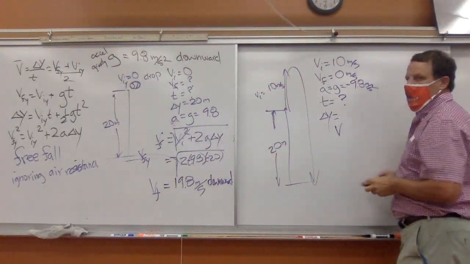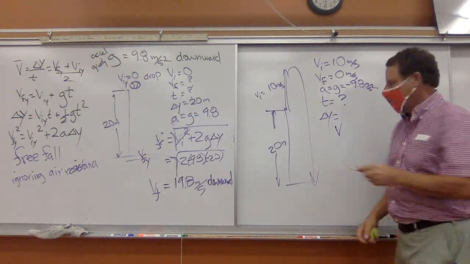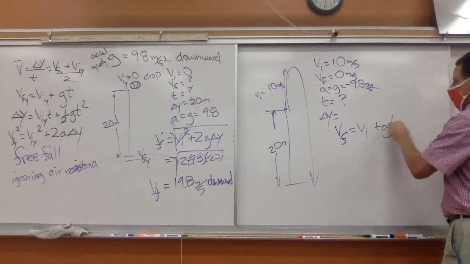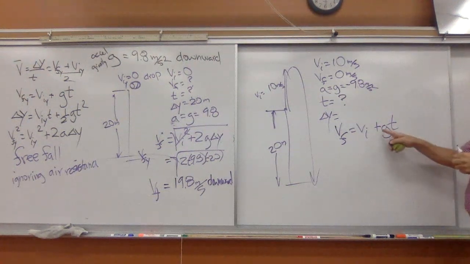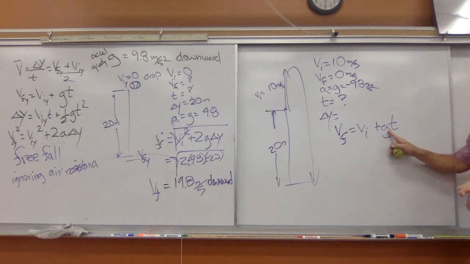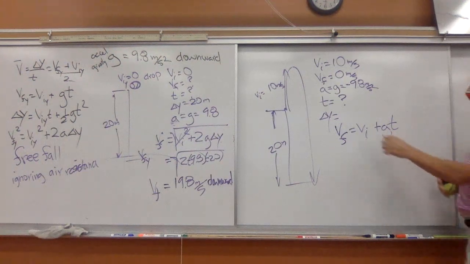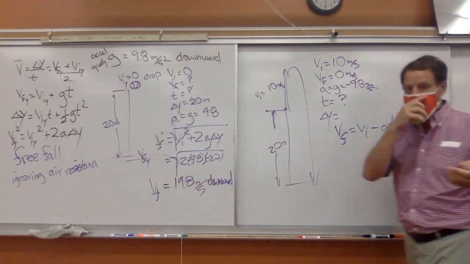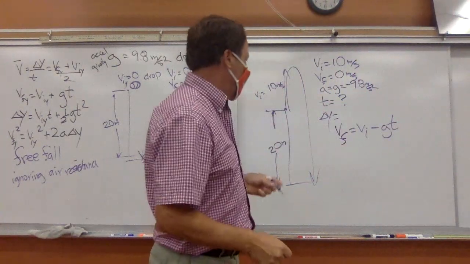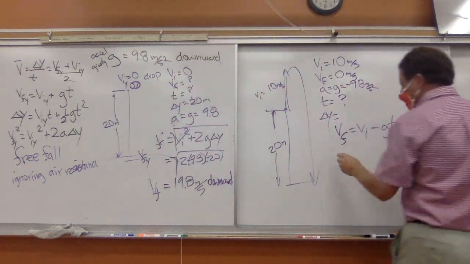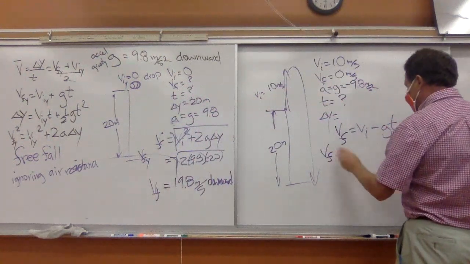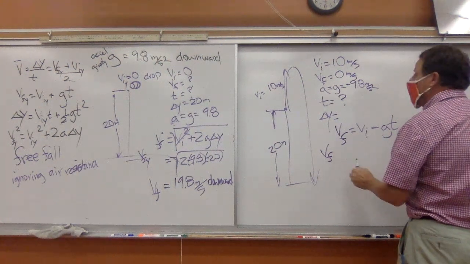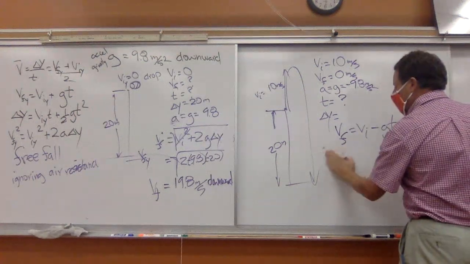If we use the second equation, we can say v final is equal to v initial plus g t. Now, I can call it plus g t and just use negative 9.8, or I can just start here and I know it's negative and just put the negative in there. That part doesn't matter. That's kind of up to you. So now we are looking for the time, right?